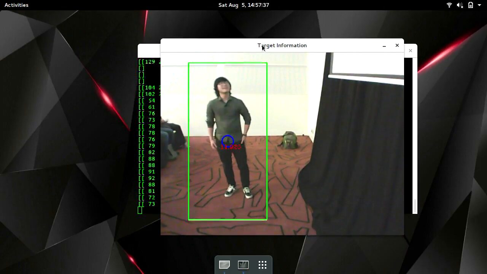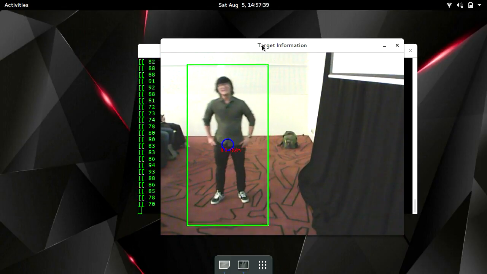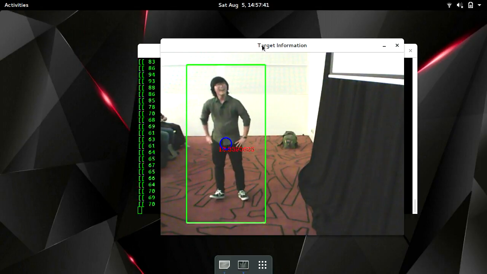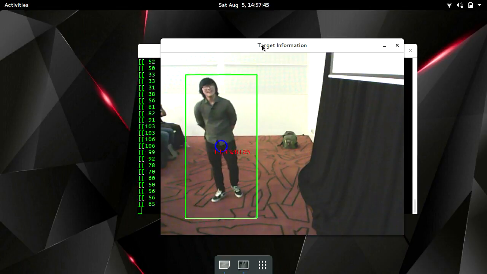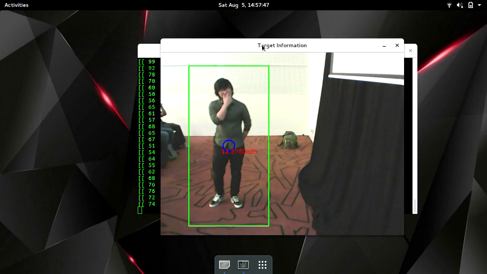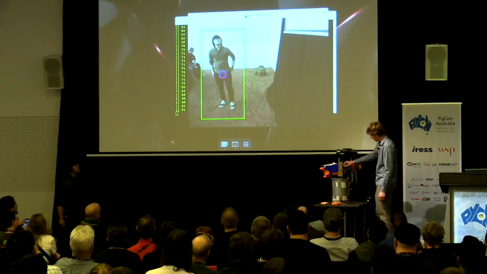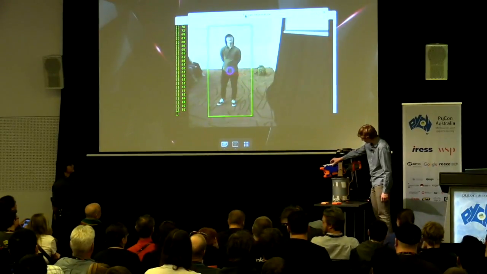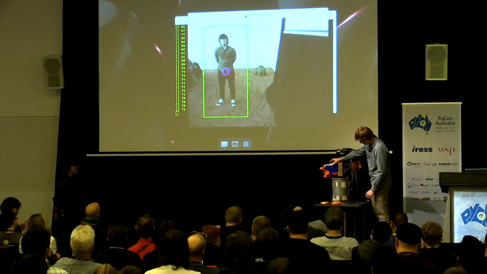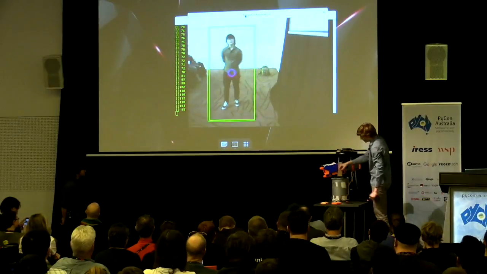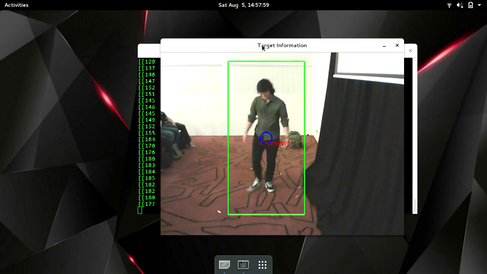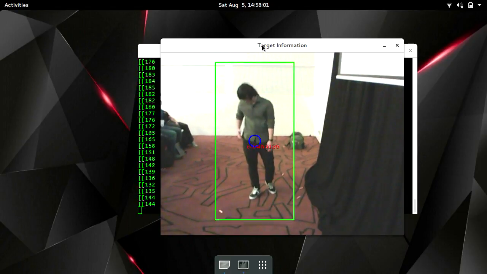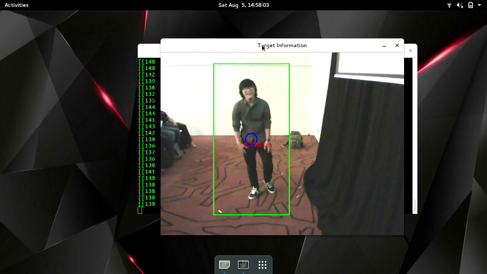Okay, so as you can see, yes, it's found him and it's tracking on. It's pretty trigger happy. I'm concerned about what it's aiming at right now, but besides the point.